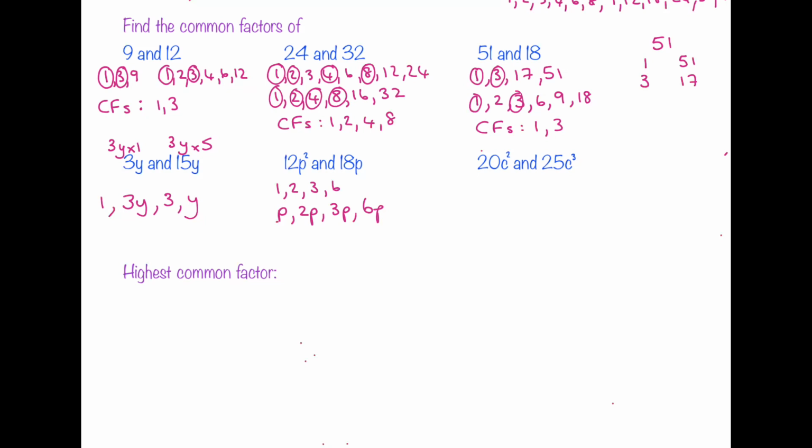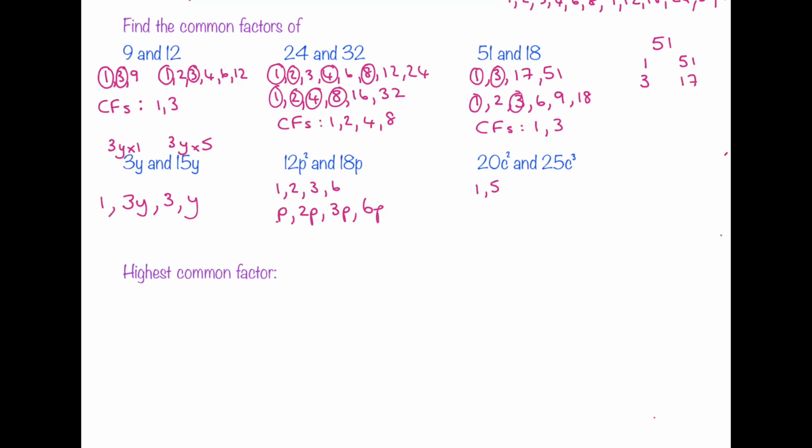And then lastly we're going to look at 20c squared and 25c cubed. So in numbers, the common factors are 1 and 5, and that's all.